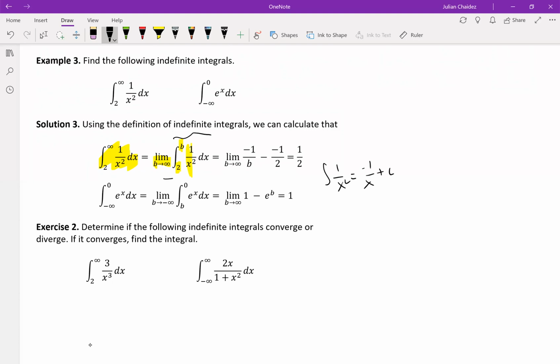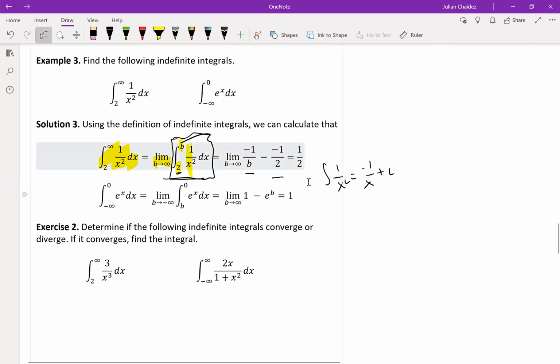So if I look at this inner integral, I can just write that as negative 1 over b minus negative 1 over 2. The negative 1 over 2 comes from this bottom limit. Maybe I'll write a few more steps here.